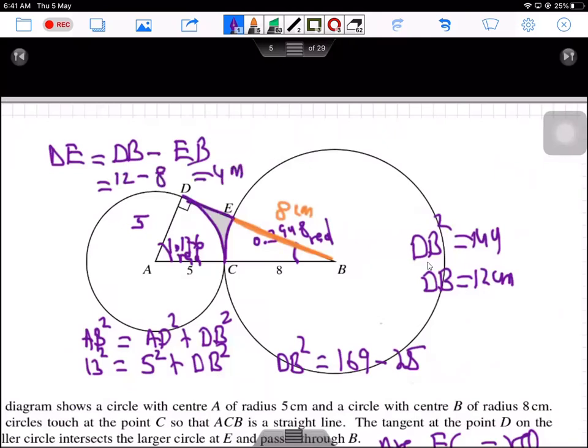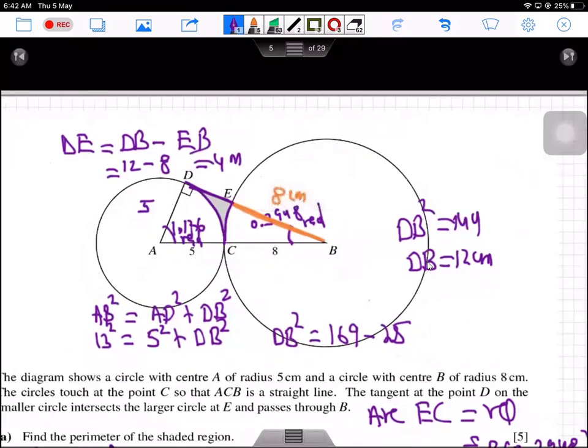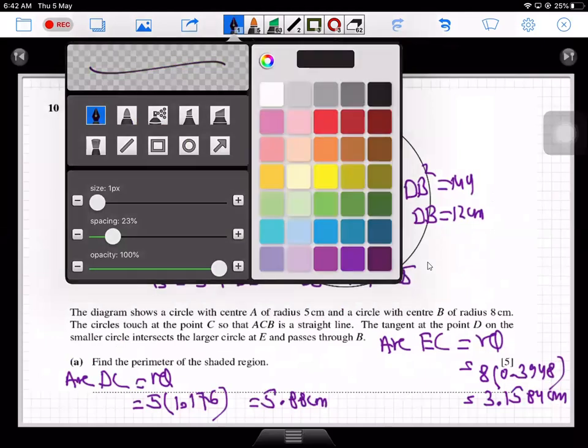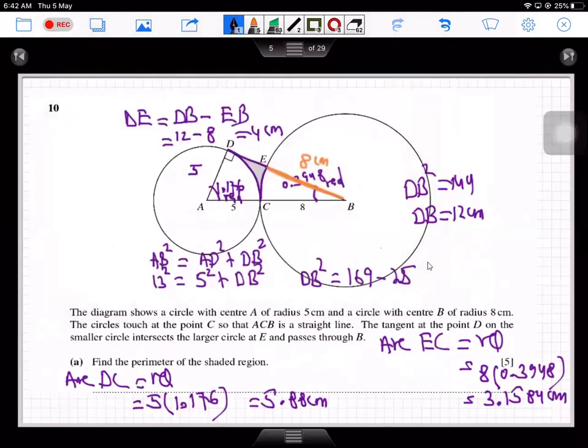So the length of DE is 4 centimeters. Okay, so the perimeter of the shaded region is equal to 5.88 plus 3.1584 plus 4.